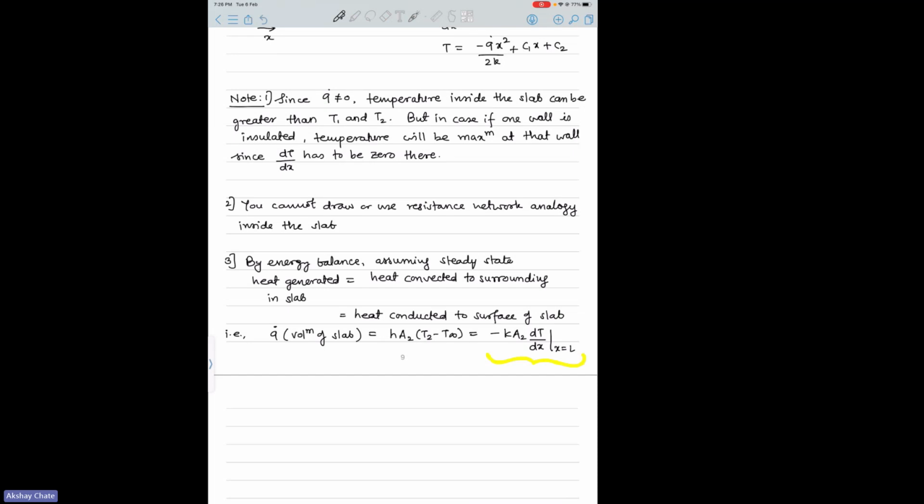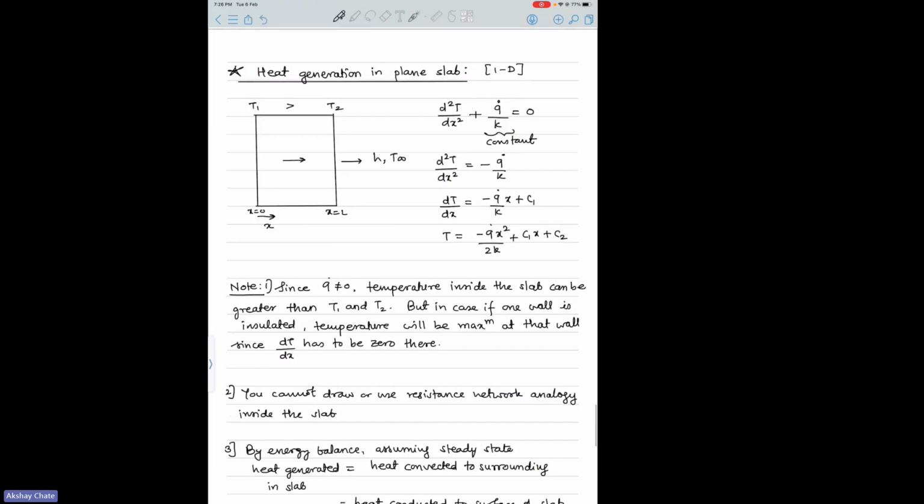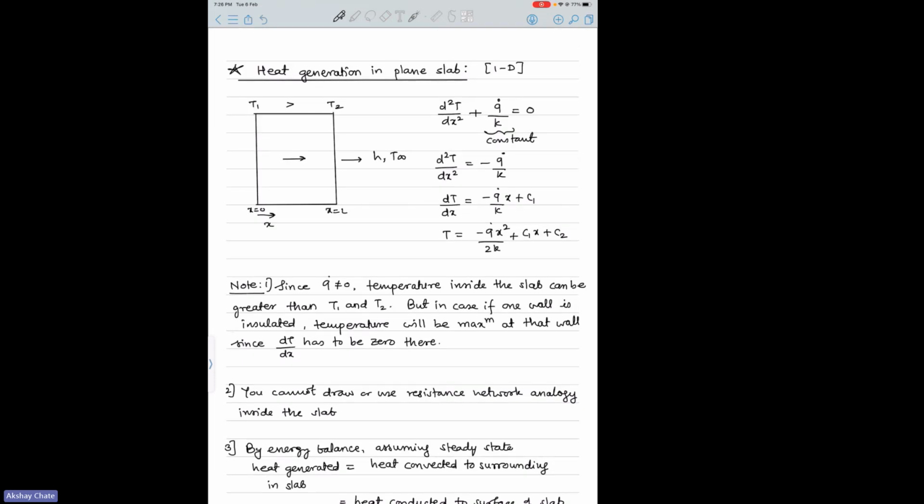I need not explicitly tell this, but if T1 is equal to T2, you will have a symmetric temperature profile, and therefore at x equal to L by 2, you will have dT by dx equal to 0. But if T1 is not equal to T2, then it is a different case altogether. You cannot say anything like that.